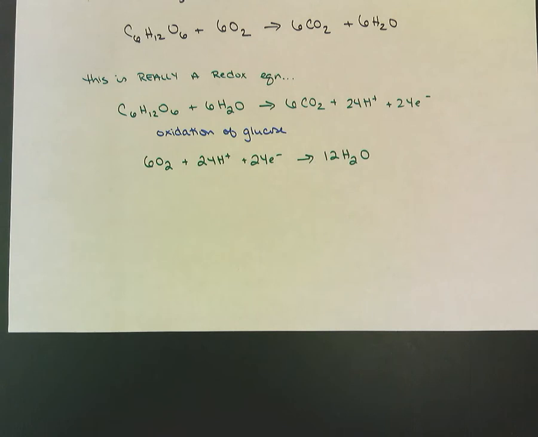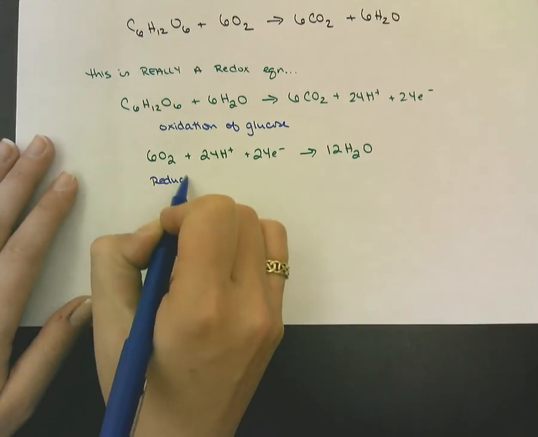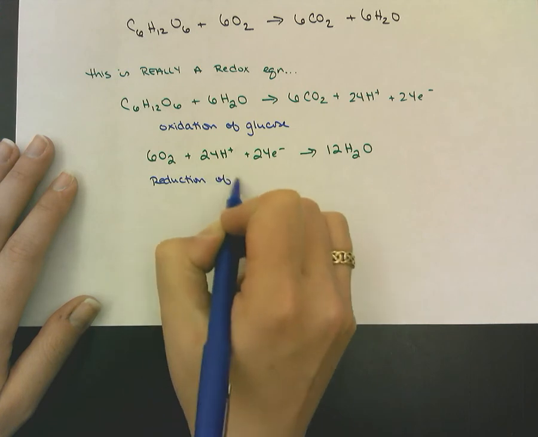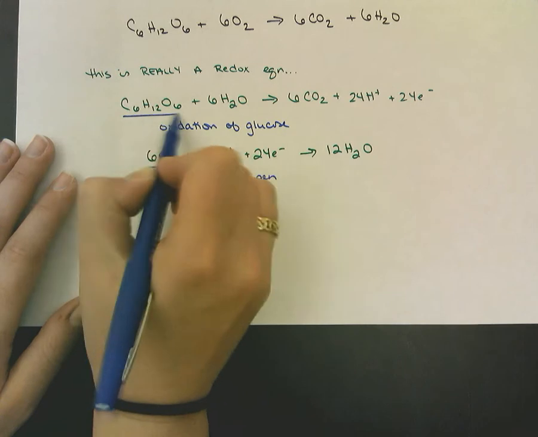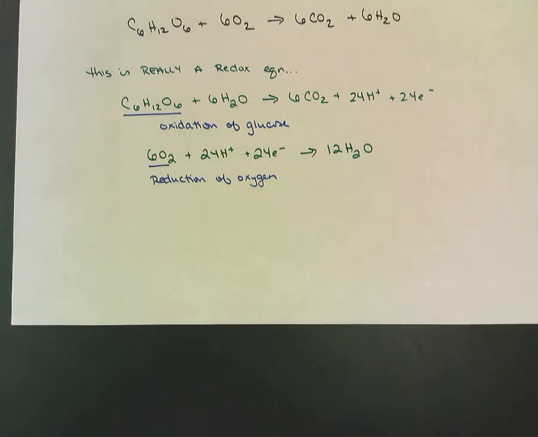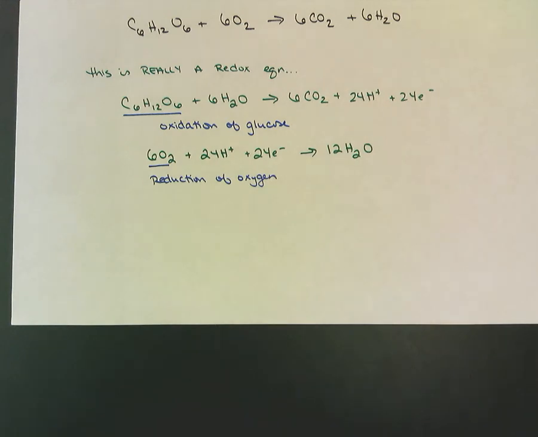Oxygen's being reduced. And if I added these back up, I'd get the original net equation back up here, right? Because the protons and electrons would cancel out. The 6 waters would cancel out. And I'd get back my original net equation. That looks vaguely familiar.